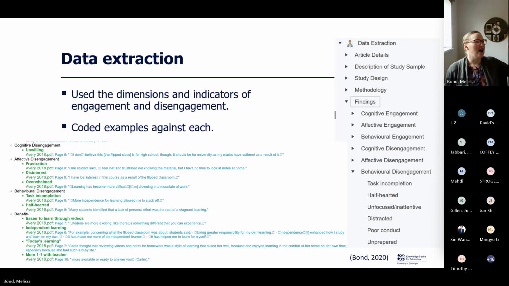There we go. And so I'd started out with this framework, these dimensions and these indicators, but as I was coding the studies, I was coming up with other indicators of engagement that hadn't come up previously. So I was able to add those to that particular understanding of engagement.